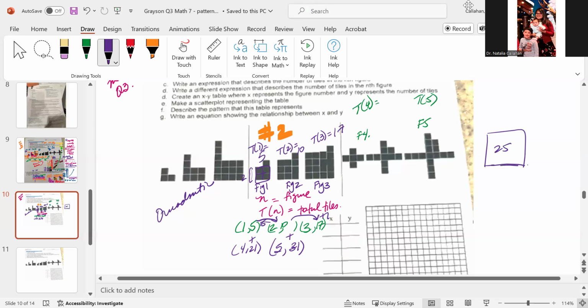25. But it should have 1 right here. So it should be 26. 26. So it should be added by 9, which makes sense. And the next one should be added by 11, right? So when you add by 11, what would that give you?